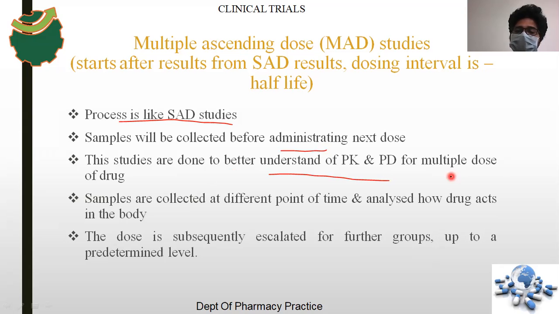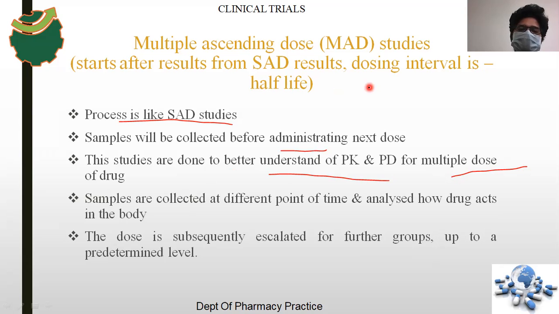But this is for multiple doses, meaning you'll use 650 mg in the morning, 650 mg in the afternoon, and 650 mg in the evening, and see if there is any problem. This is generally to see the half-life of the drug.